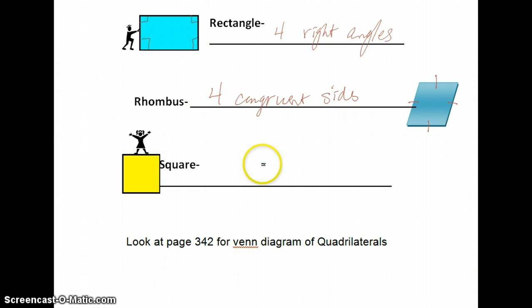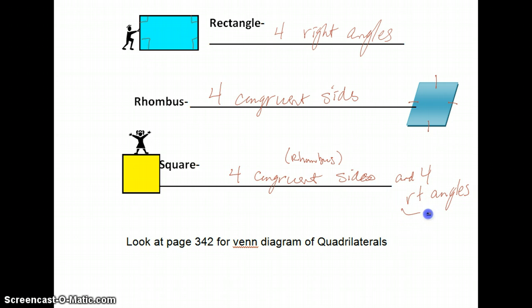A square has 4 congruent sides. So I'm going to write up here, a square is a rhombus because it has 4 congruent sides. And it also has 4 right angles.